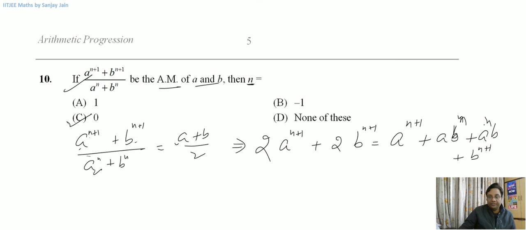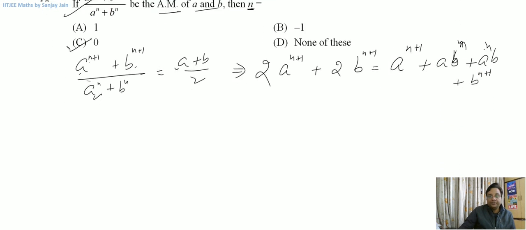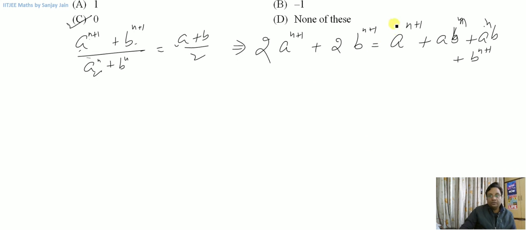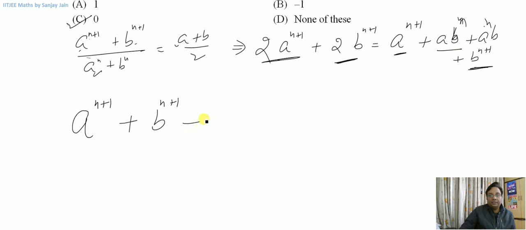Now let me bring everything to the left hand side. So this is a raised to power n plus 1, this is twice of a raised to power n plus 1, so it will be a raised to power n plus 1. This is twice of b raised to power n plus 1, this is b raised to power n plus 1, so this will be b raised to power n plus 1 minus a b raised to power n minus a raised to power n into b is equal to 0.